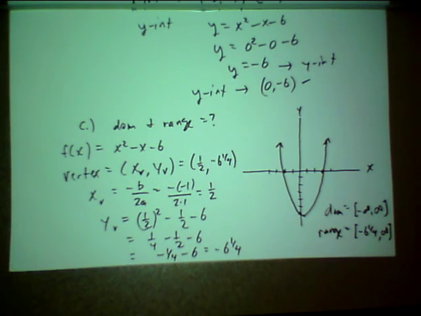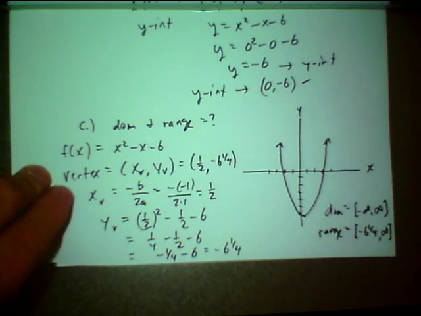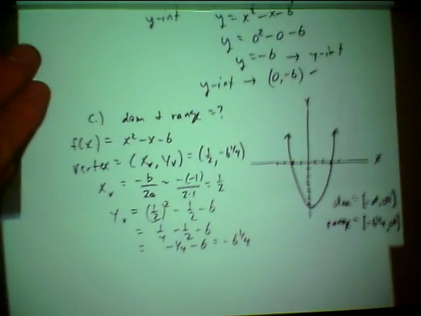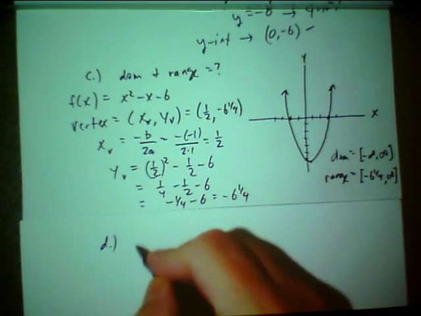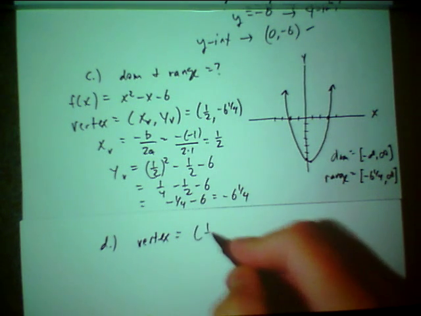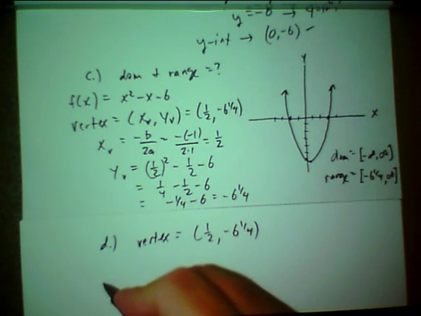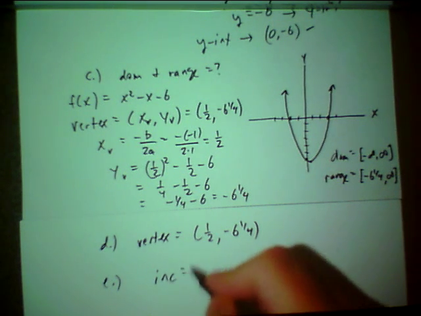So now, after the domain and range, I'm going to calculate the vertex, which I've already done. So the vertex is simply going to be, I've already done the math for that, (1/2, negative 6 1/4). And then they say, for what values of x is the graph increasing?